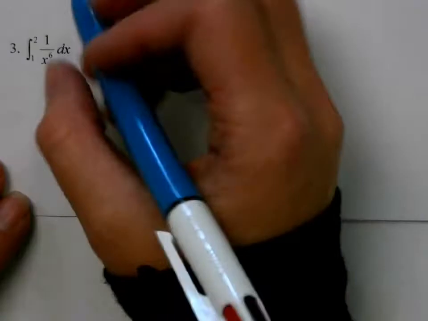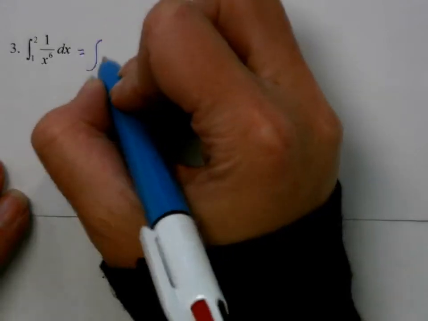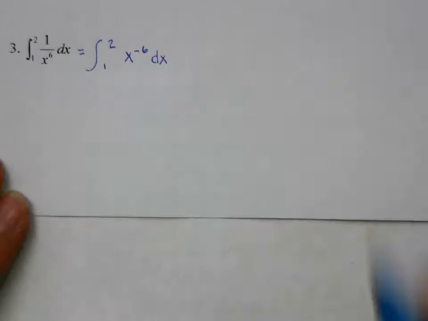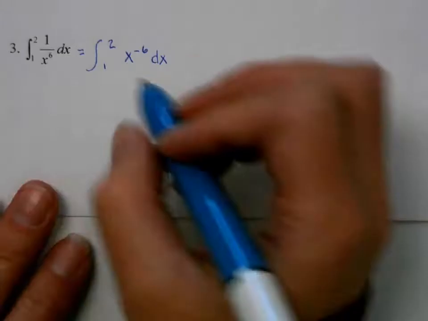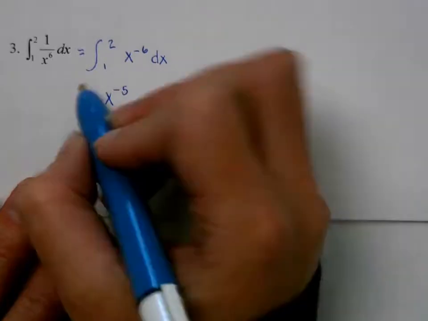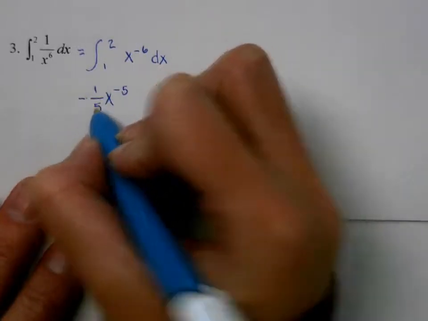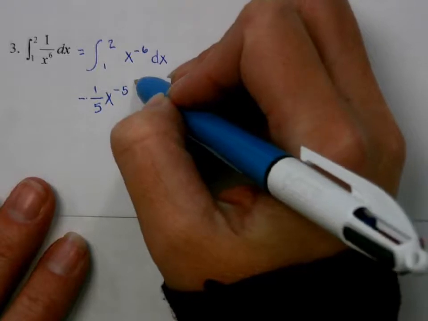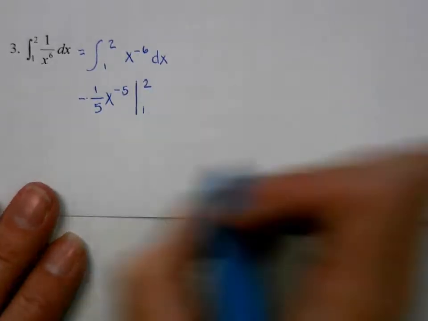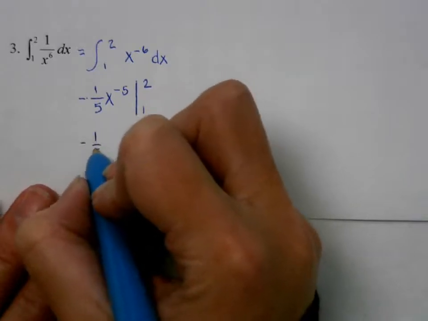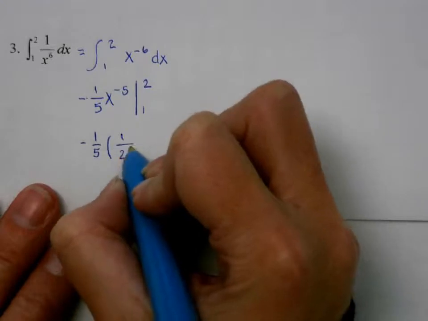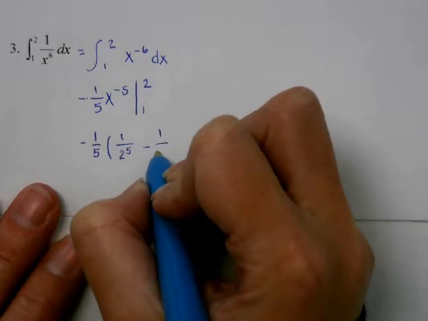Antiderivative, well, let's go ahead and rewrite this first. This will be the integral from 1 to 2 of x to the negative 6. Okay, so then we'll add 1 to the power, so that'll be x to the negative 5, and then multiply by a negative 1/5. We'll evaluate that from 1 to 2. So negative 1/5, I'm going to go ahead and write this as 1 over 2 to the 5th minus 1 over 1 to the 5th.